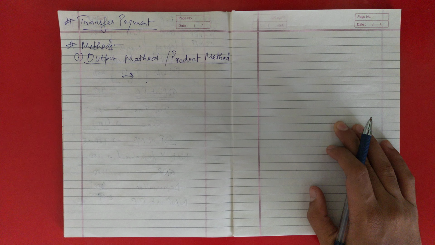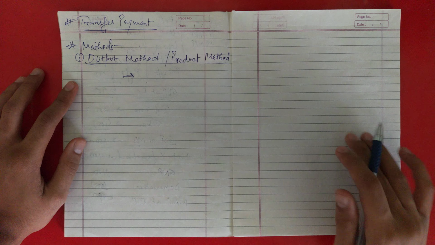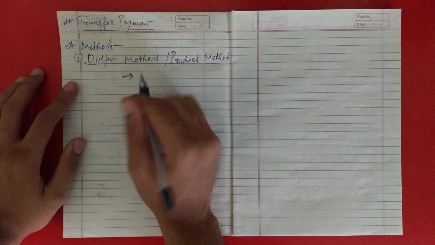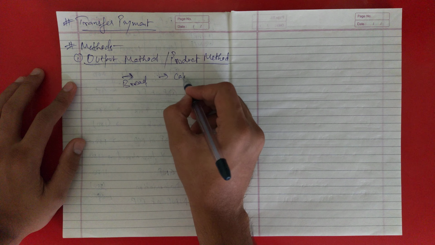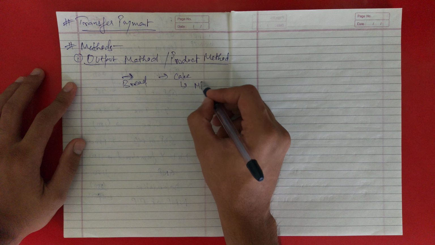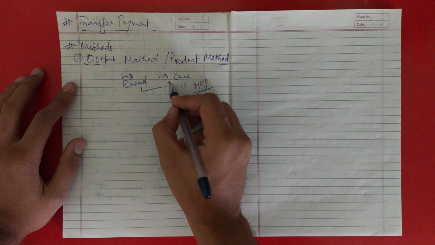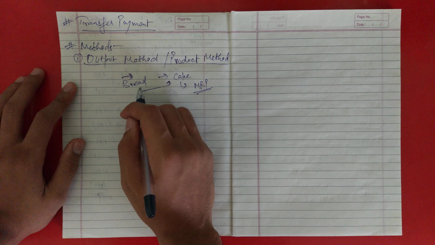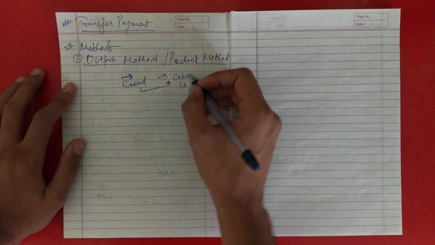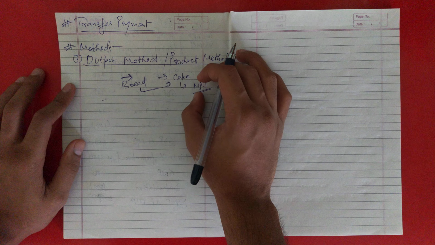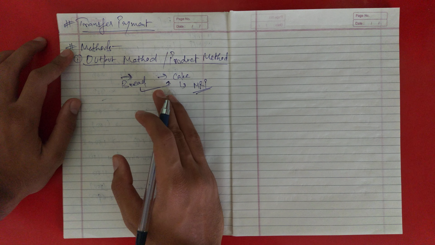The value of the intermediate good is already included in the value of the final good. Bread is the intermediate good which we take to make cake. So whenever you are selling the final cake at the market price, the cake includes the value of bread also, because the producer will charge you the value of bread, sugar and everything, add on, and then charge the final MRP.